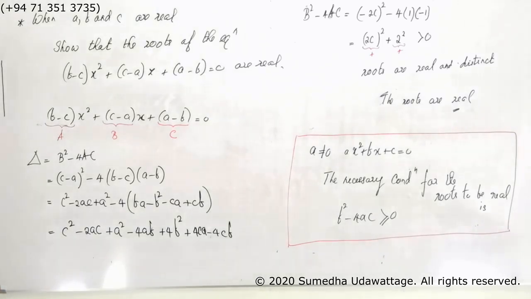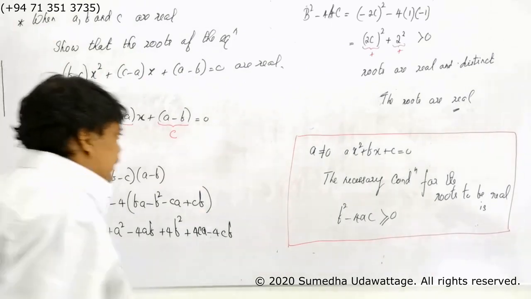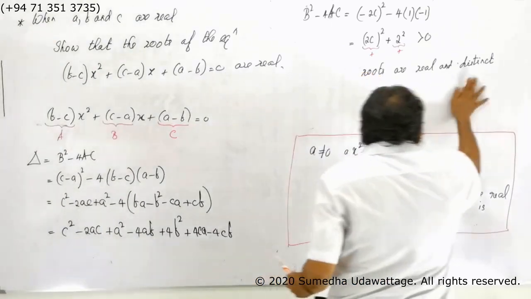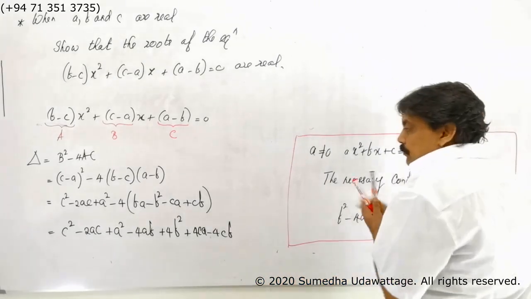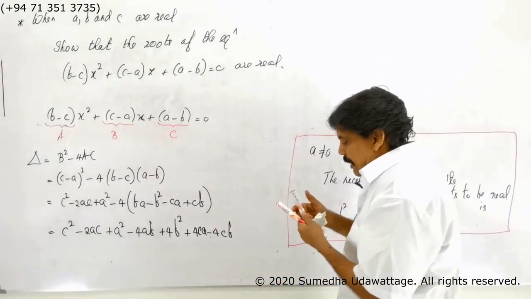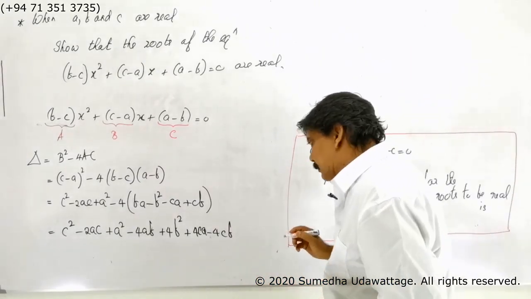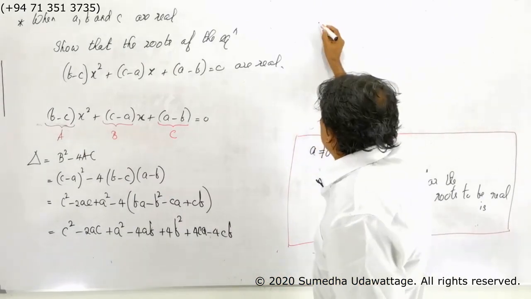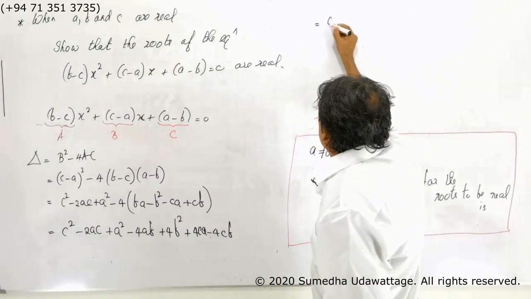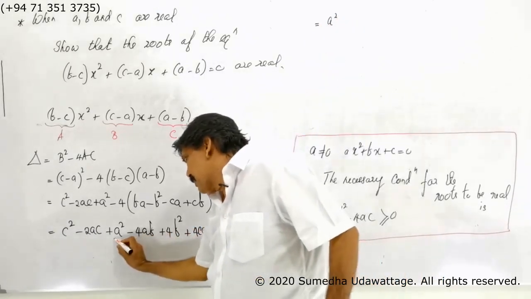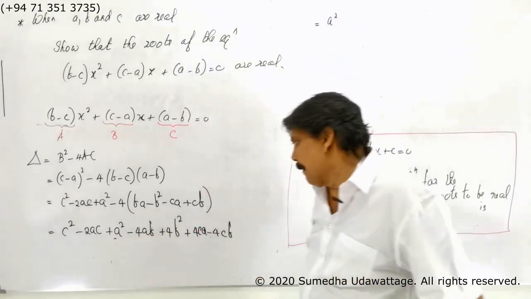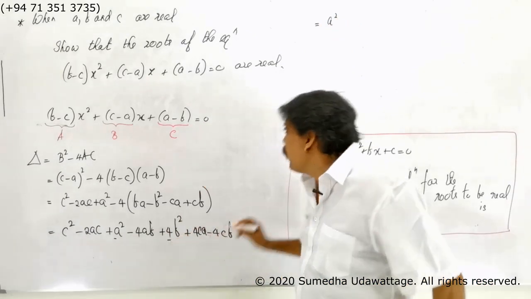Now we need to show that this discriminant is a positive value. I would take a square first. The values are taken, I'll put a small underline. Then I would take this 4b square.